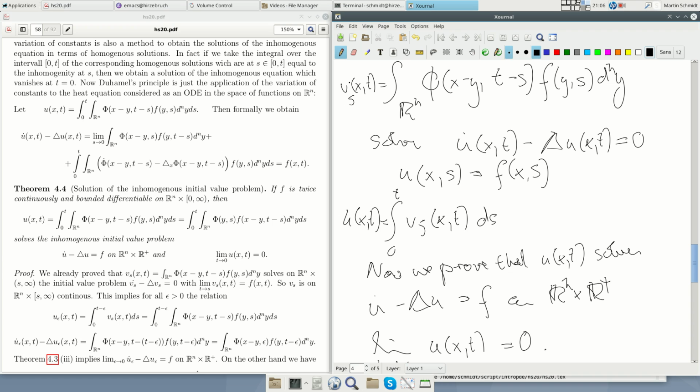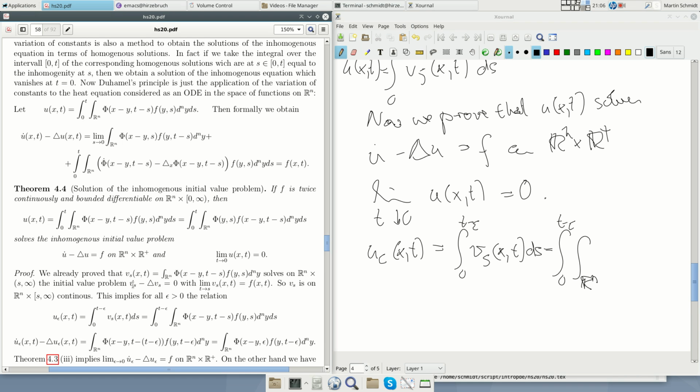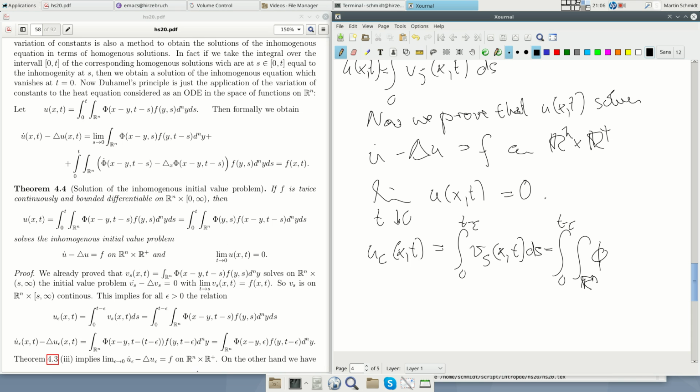So this is then this integral of phi of x minus y, t minus y, f of y,s dy ds. Okay.